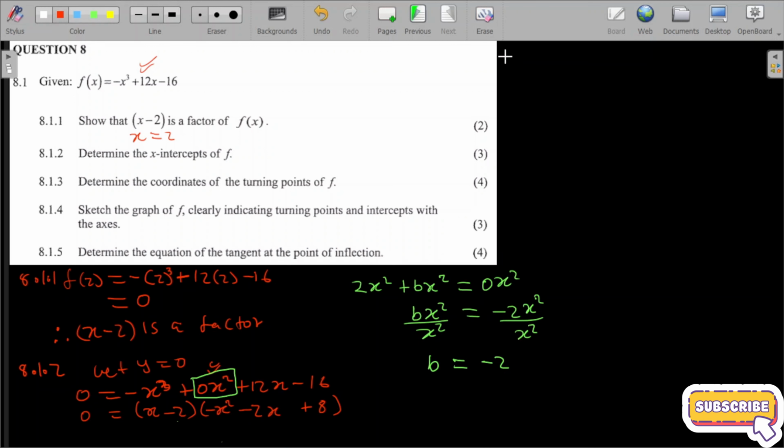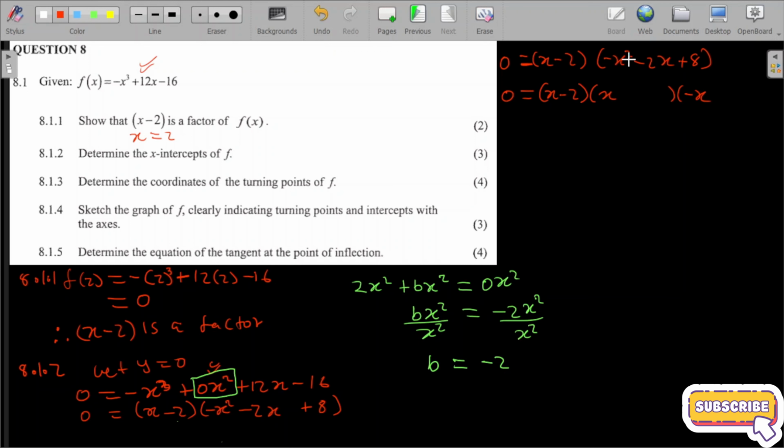So from here, I know 0 equals x minus 2 into negative x squared minus 2x plus 8. Now I'm going to have to factorize this. It's going to be 0 equals x minus 2 into x and negative x.